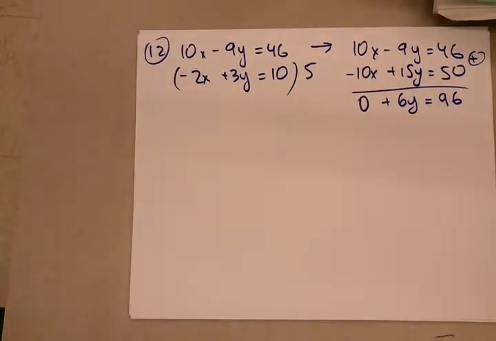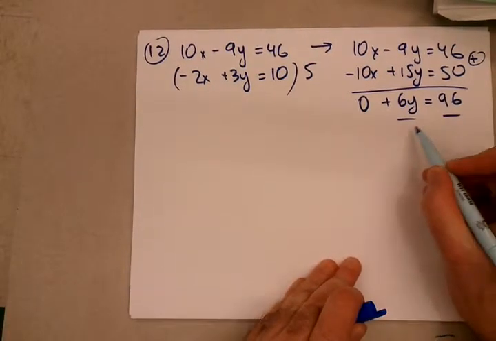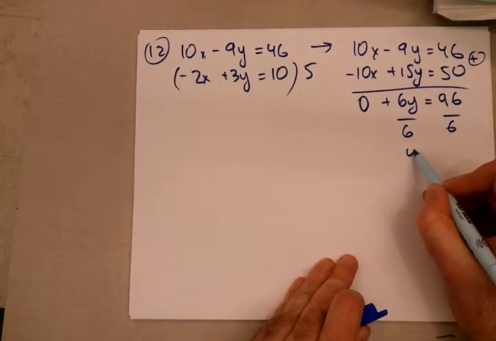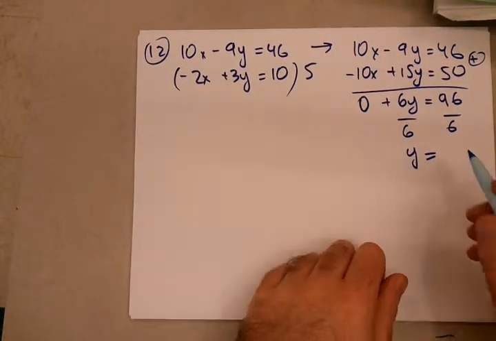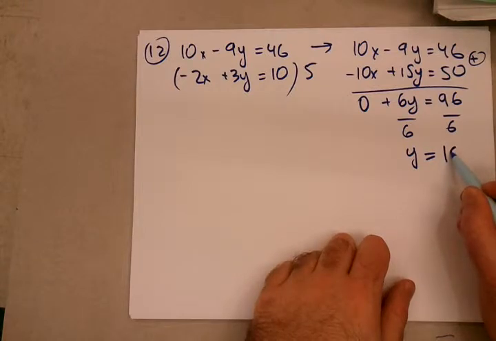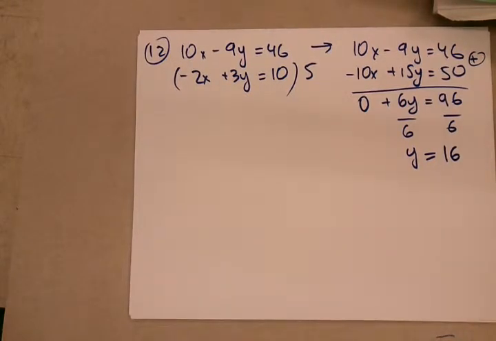Then to solve for y, we divide both sides by 6. Then y equals 16, if my math is right. Yeah, that looks right. Good. So y equals 16.